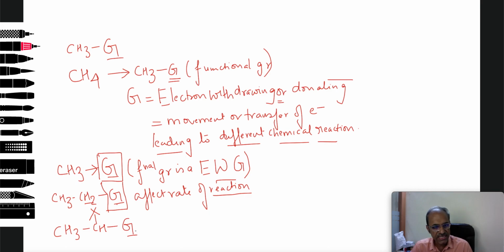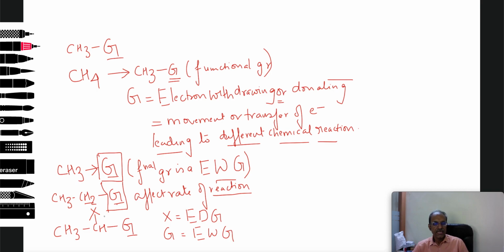For example, G, as I told you, will be an electron withdrawing group, and presuming X is an electron donating group.